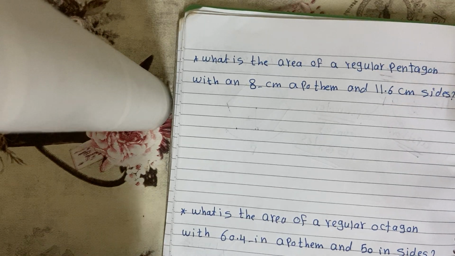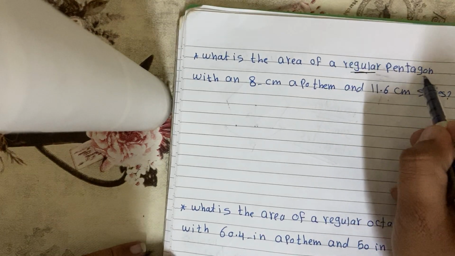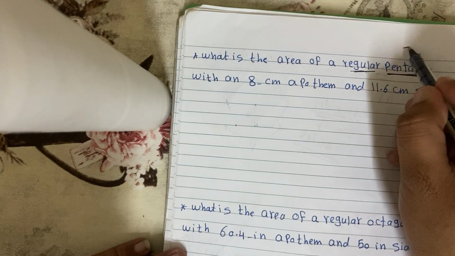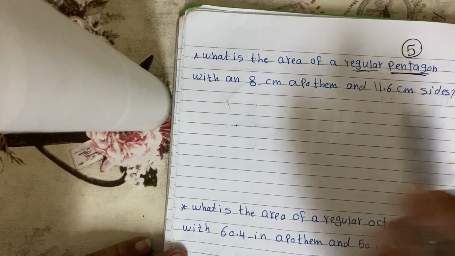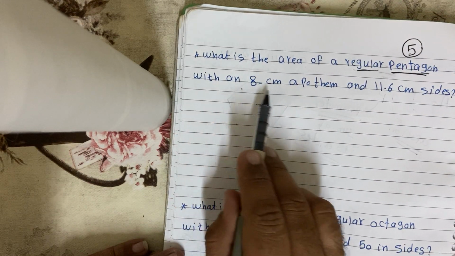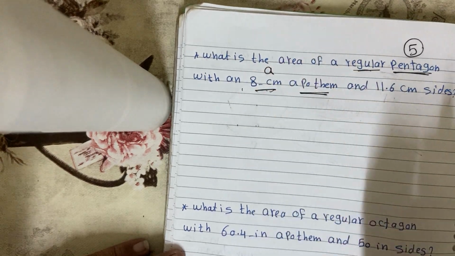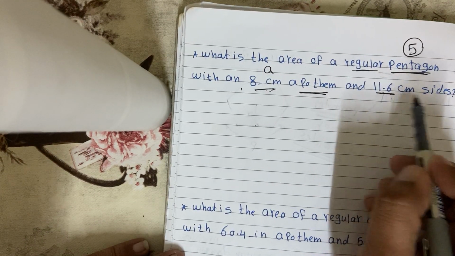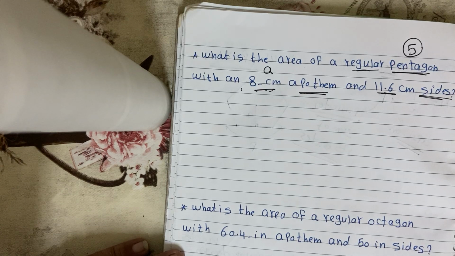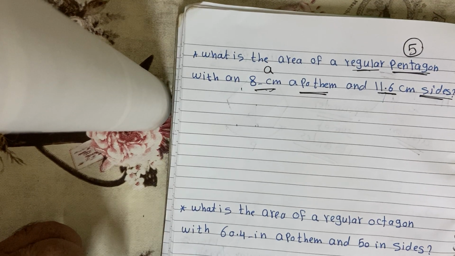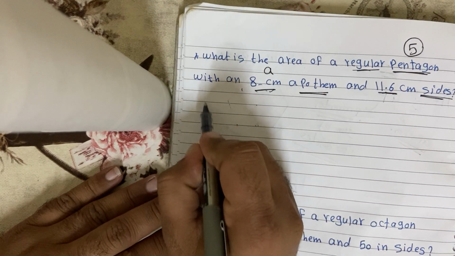Again, what is the area of a regular pentagon? Pentagon, how many sides in the pentagon? Yes, 5 sides. With an 8 centimeter apothem. This is A. And 11.6 centimeter sides. Each side is 11.6. First, we are going to find the perimeter.